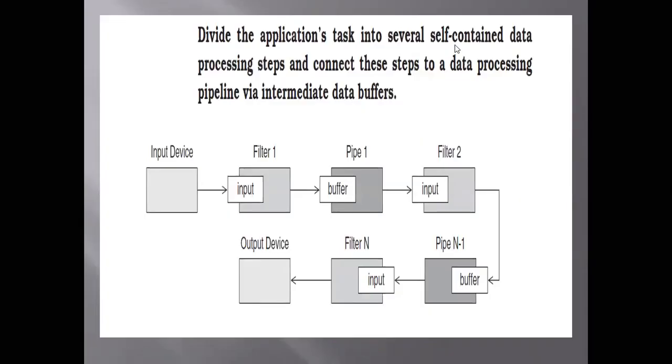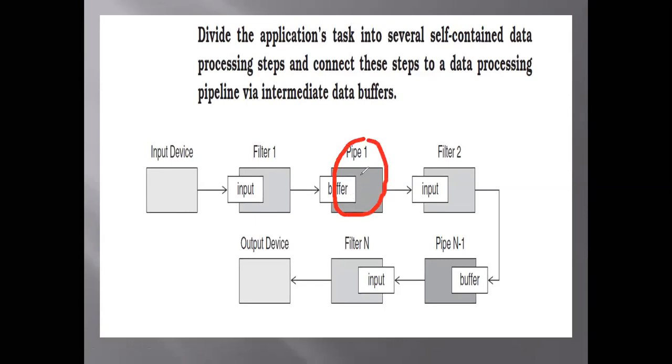Here we are dividing the application task into several self-contained data processing steps. These are different data processing steps. These filters are nothing but data processing steps, and we connect these steps to a data processing pipeline via intermediate buffers. What I mean here is that these intermediate pipes will have buffers.